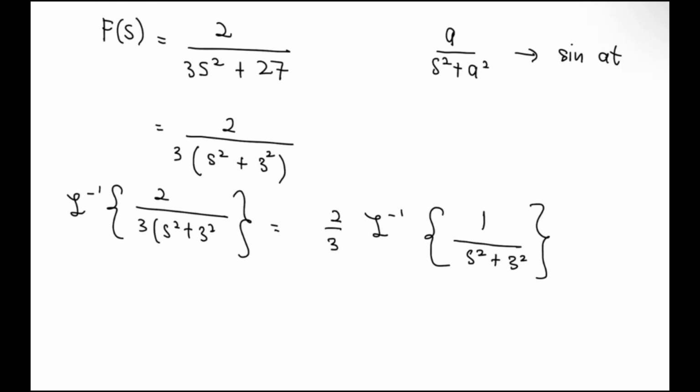So here I need to have 3, yeah? In the numerator, I need to have the same as this one. Here I have 1, here I have 3. So I need to multiply by 3 and divide by 3. So we need to multiply by 3 here and then divide by 3. So this 3 you can put here.